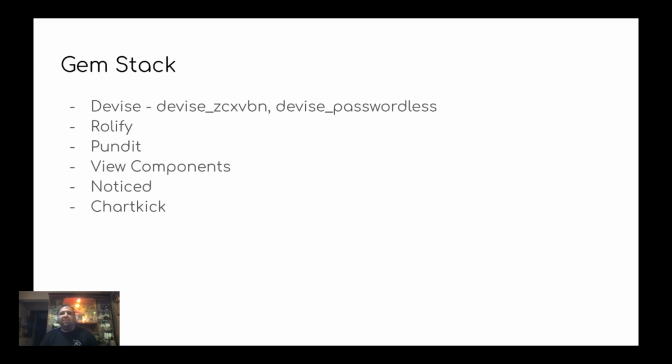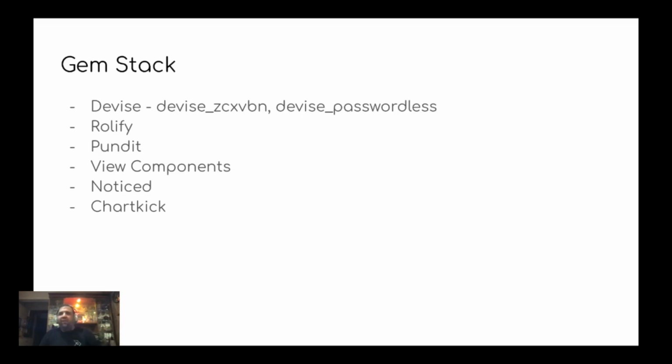We also have ZXCVBN, which is an entropy calculator, there for password security, just to measure the password strength. We had Devise passwordless added more recently, to have magic links and provide people with passwordless logins.